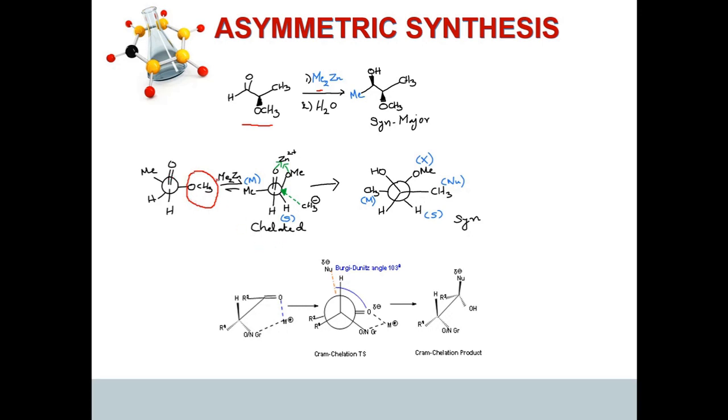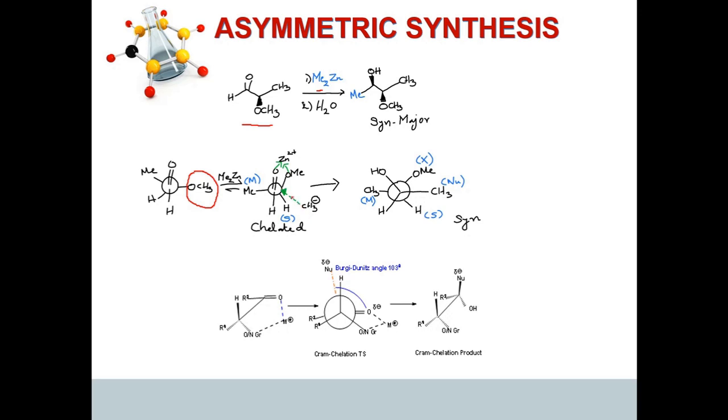Now, when I add dimethyl zinc, my zinc and my electronegative group form a chelated complex. Now, when this happens, you can see my OMe group moves away, and still my nucleophilic addition takes place from this direction.